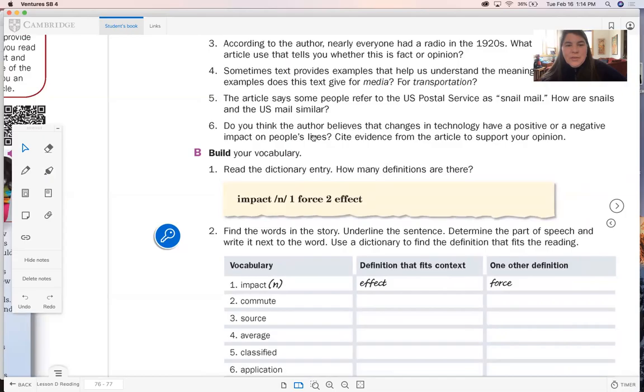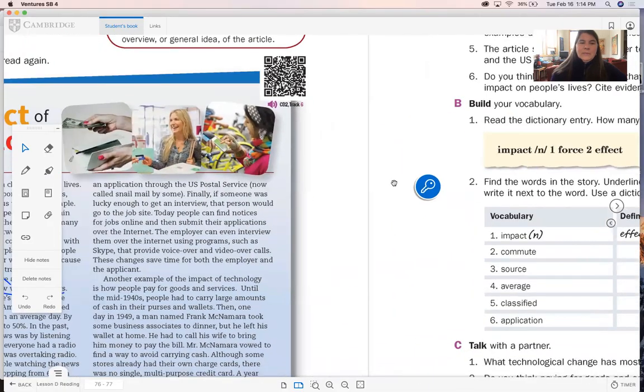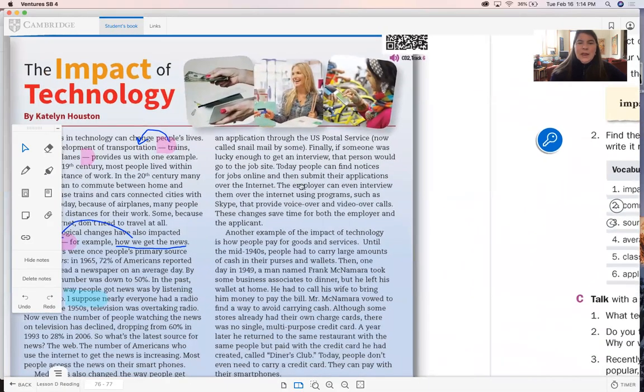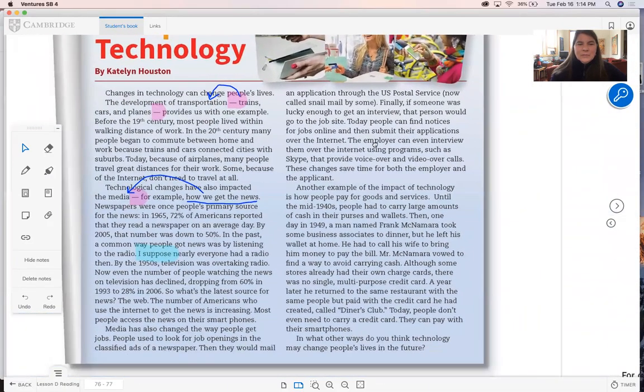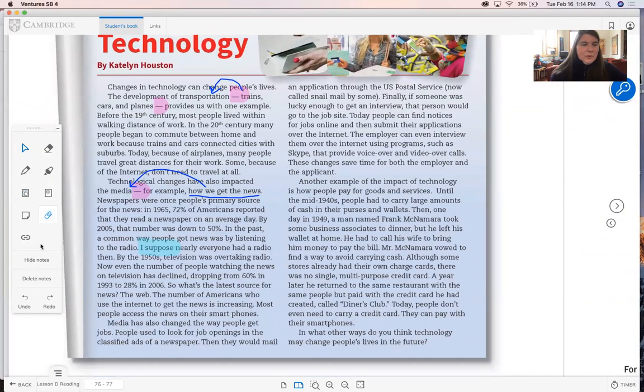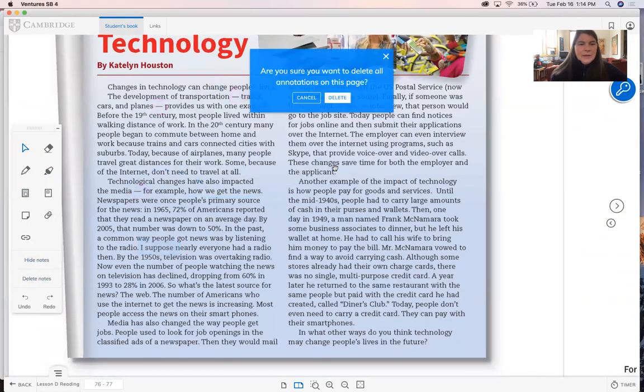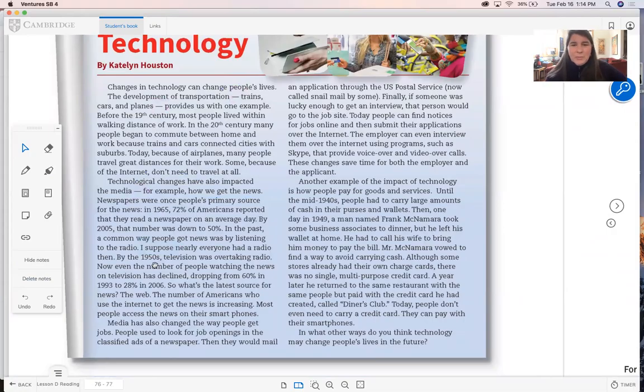All right, last question. Do you think the author believes that changes in technology have a positive or a negative impact or effect on people's lives? So what do you think overall? Was there anything negative in here? Maybe if the person really likes reading a newspaper, but I didn't get that sense, right?